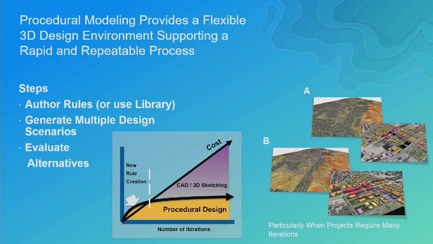And the advantage of that is if you're trying to create huge amounts of 3D data, cities or countries, where you don't have existing 3D models, you can create a rule and apply it to many, many buildings and create a large data set.